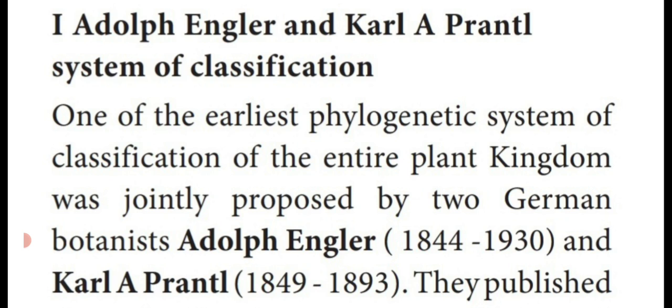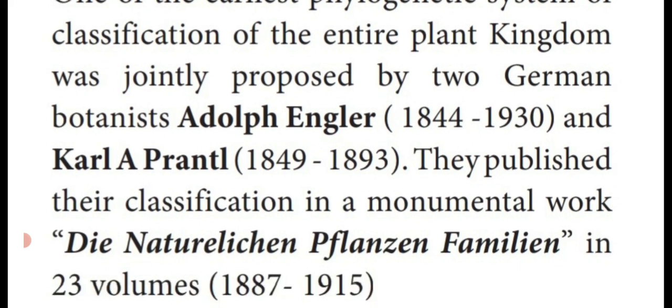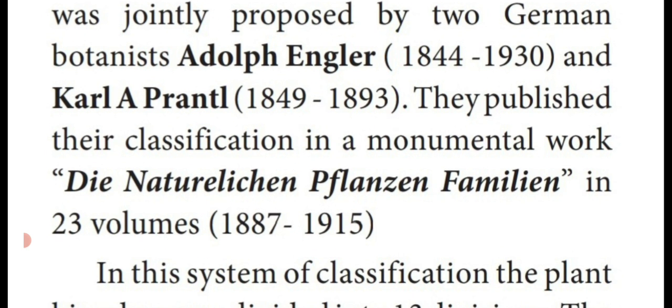These two scientists are German botanists. Adolf Engler, 1844 to 1930, and Karl A. Prantl, 1849 to 1893. They published this phylogenetic system of classification in their monumental work known as Die Natürlichen Pflanzenfamilien, which consists of 23 volumes.